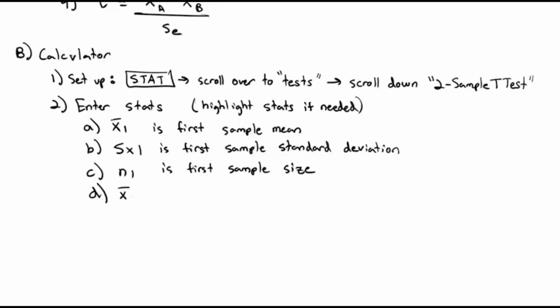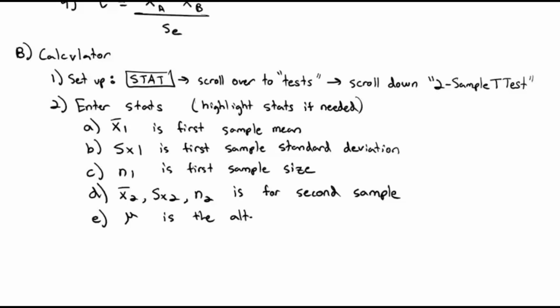which, as you might expect, you'll see x bar 2, sx2, and n2 for the second sample that we will compare it with. Then it will give us a mu, which is the alternate hypothesis symbol.